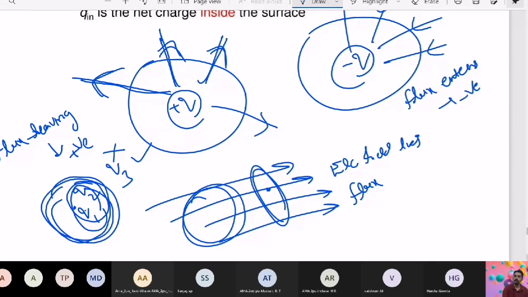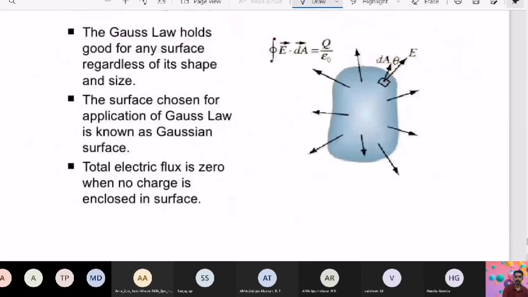Then we will continue. Here I have given a few points. Gauss law holds good for any surface regardless of its shape. As I said, shape does not matter. It's not that it should be a sphere or cylinder. Any shape. The condition is it must be closed. But if it is not closed, what will happen?